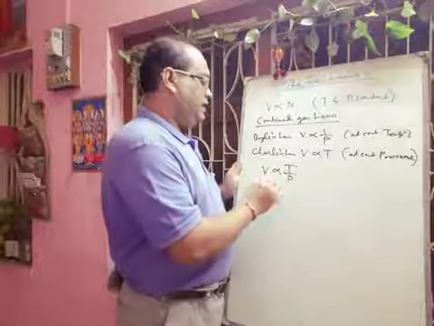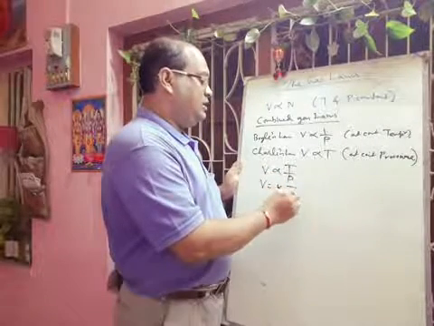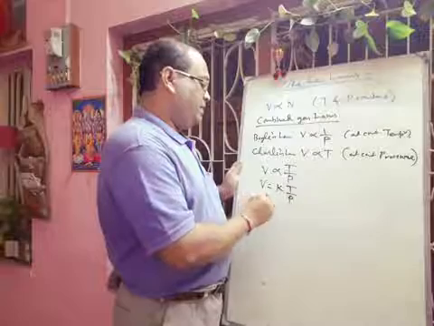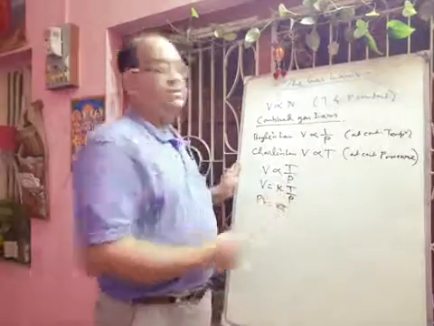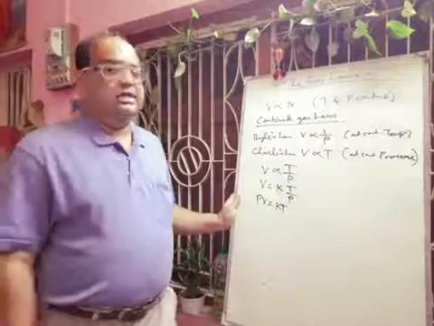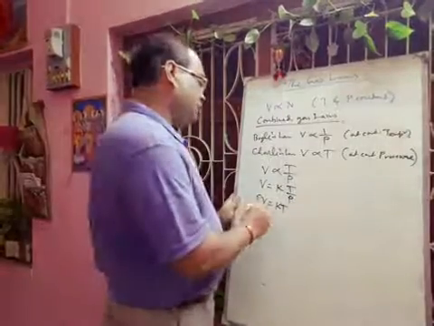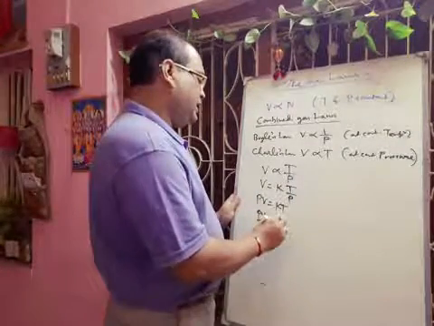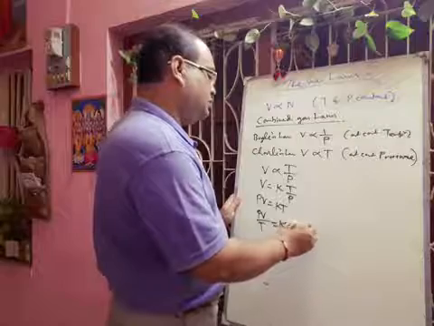So from here we can write some proportionality constant into T by P. So from here we can write PV is equal to KT, or we can write PV by T is equal to some K that will be constant.